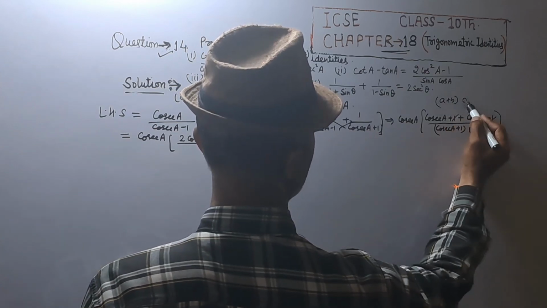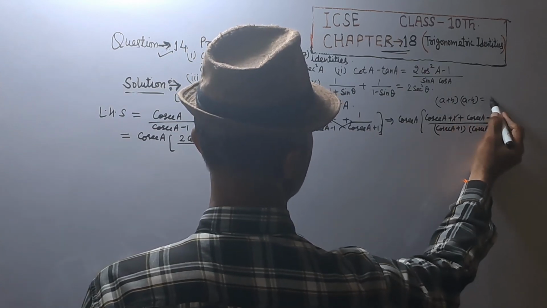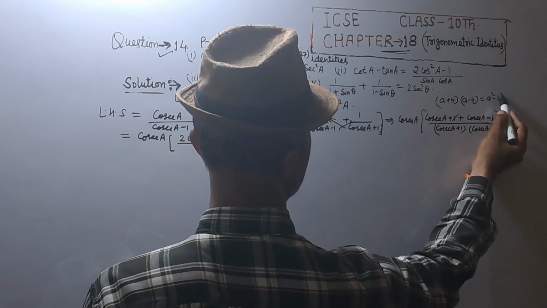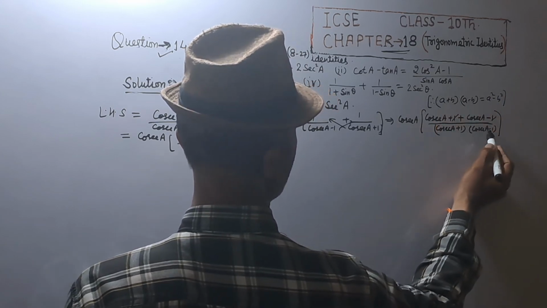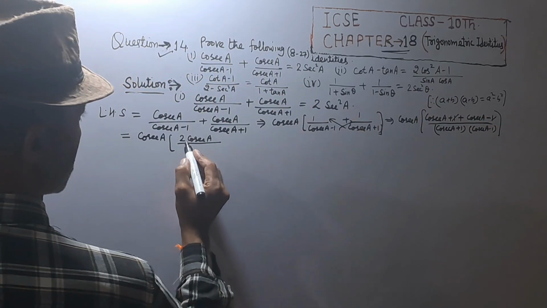A plus B into A minus B is equal to A square minus B square.